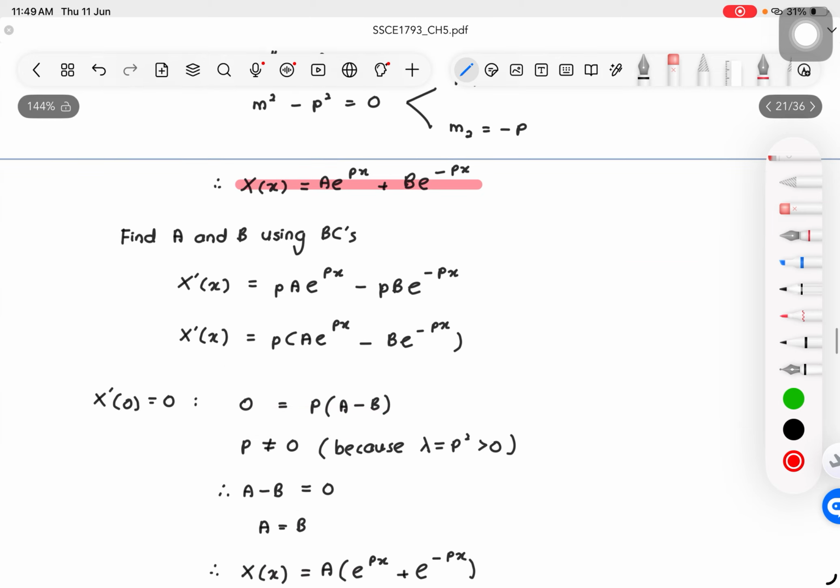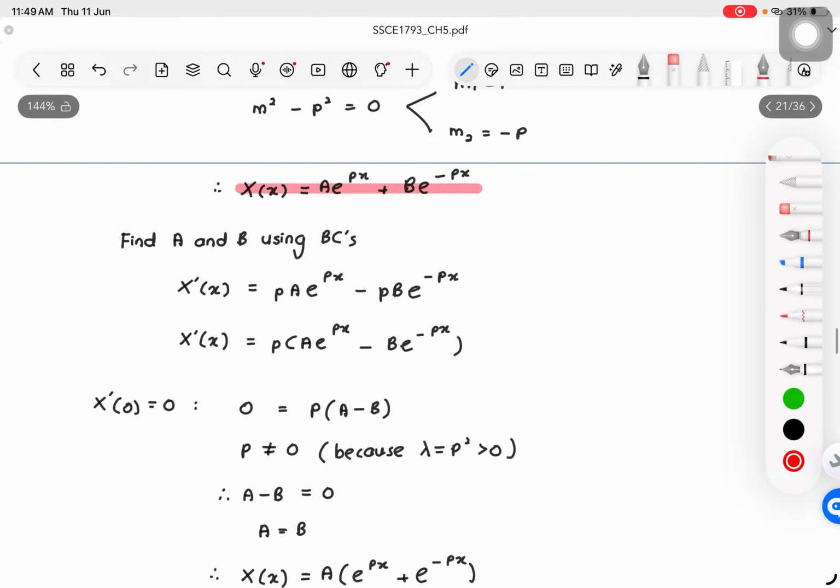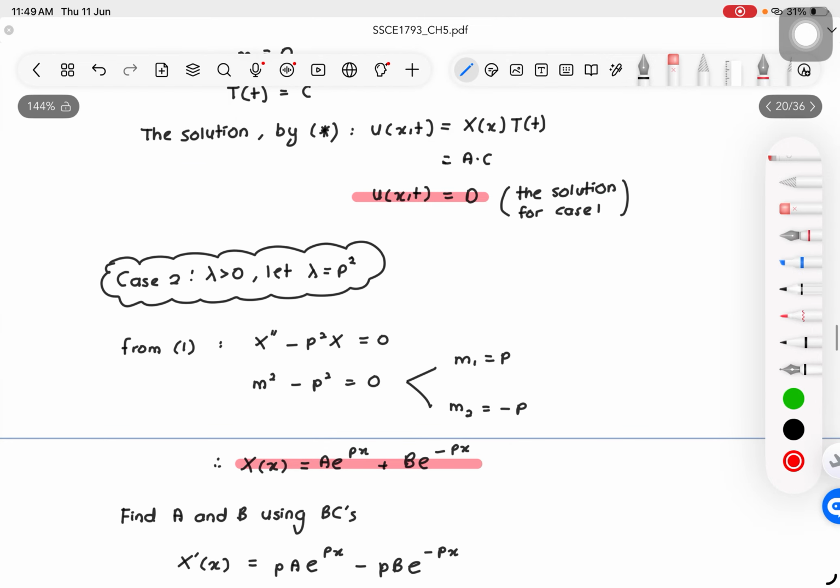Alright. So now we need to determine which term is equal to 0, which term is not equal to 0. So this is the first term, this is the second term. Your P cannot equal 0. Why? Because in this case, for case 2, we know that your lambda is greater than 0, meaning that lambda is equal to P squared.